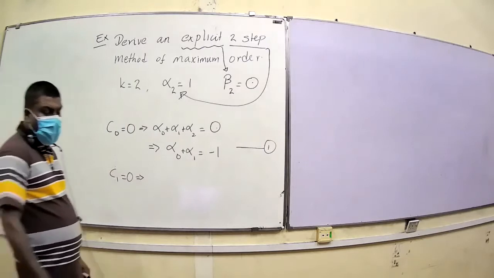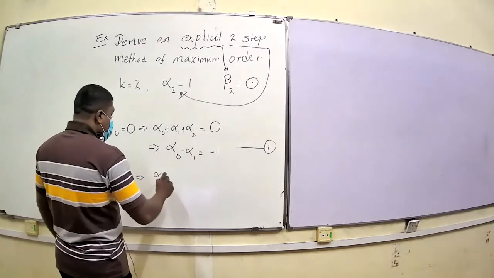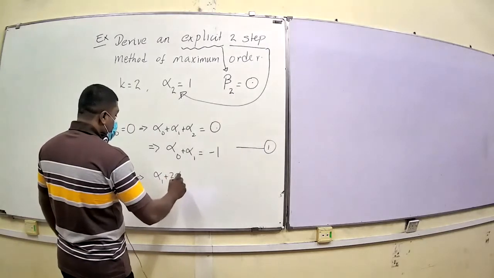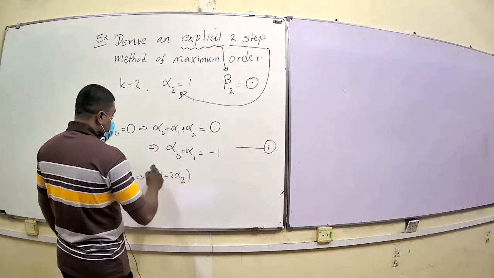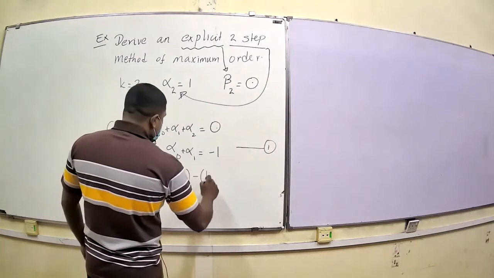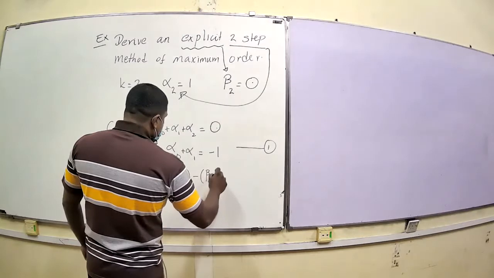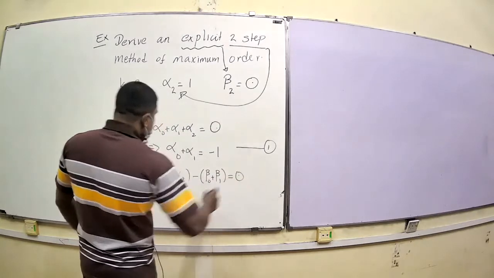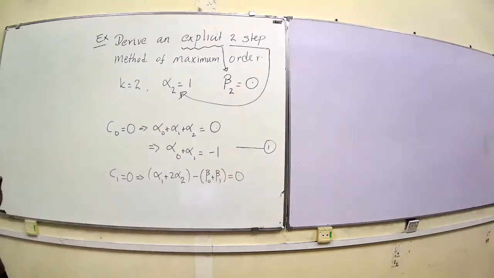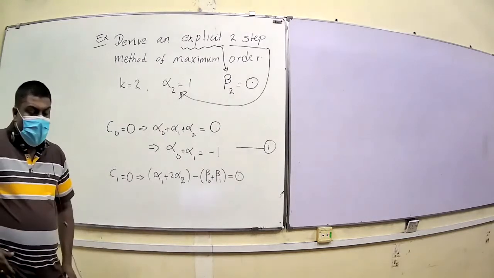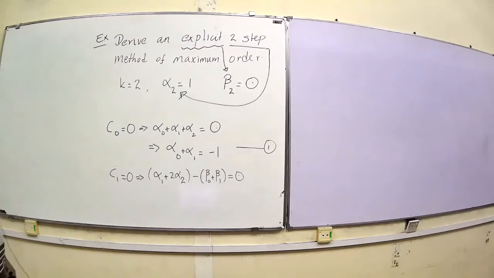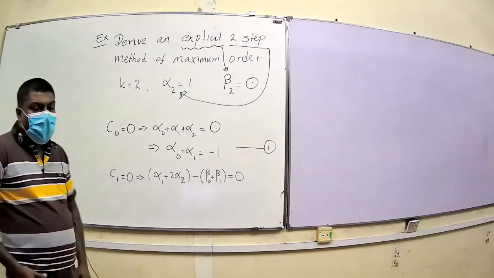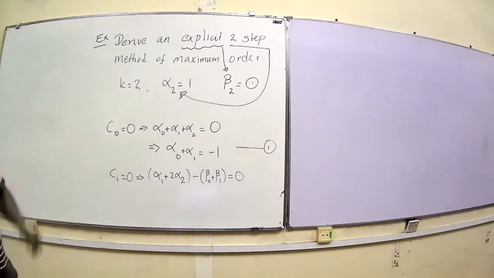That gives me alpha 1 plus 2 alpha 2 minus (beta 0 plus beta 1 plus beta 2) is 0.